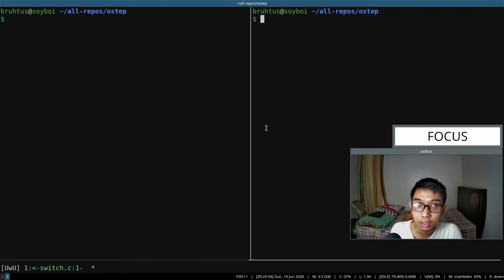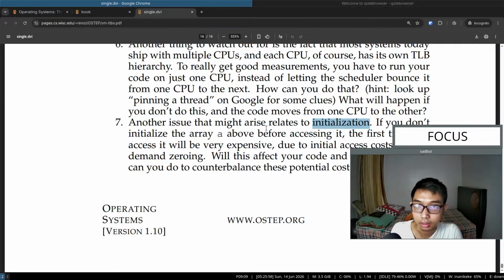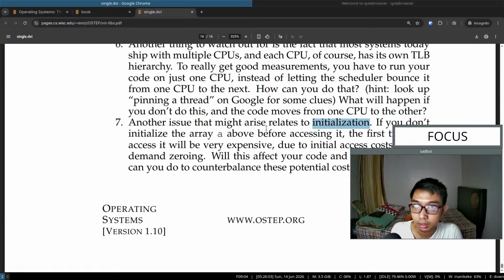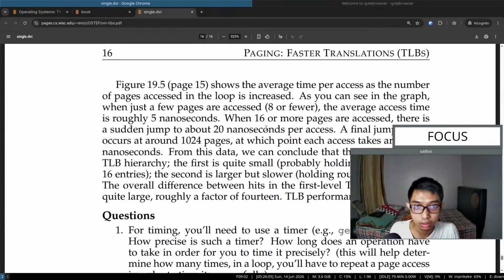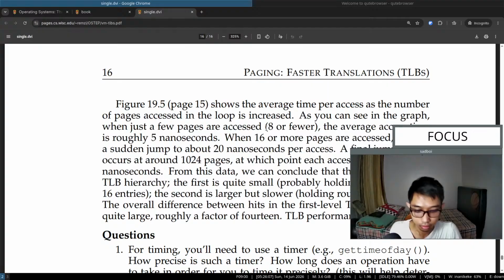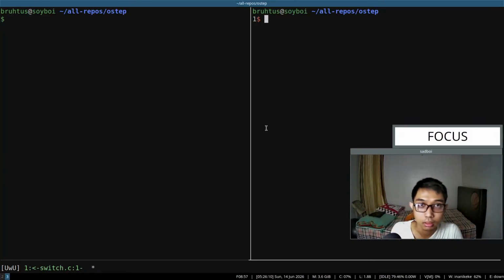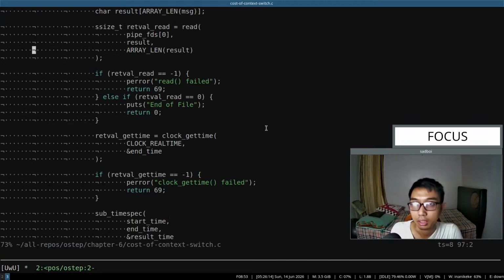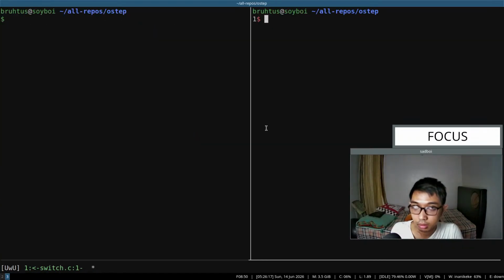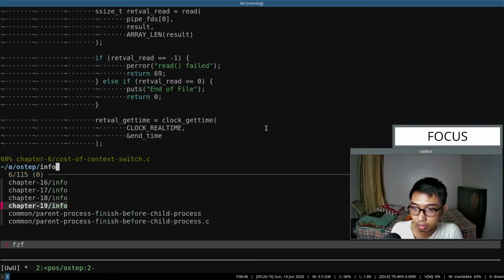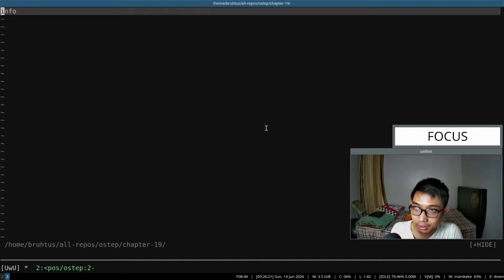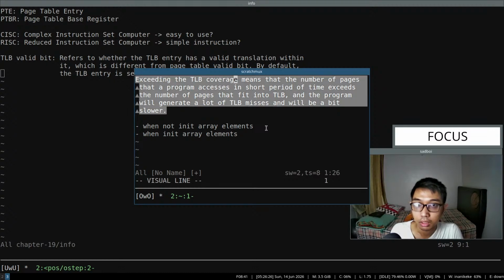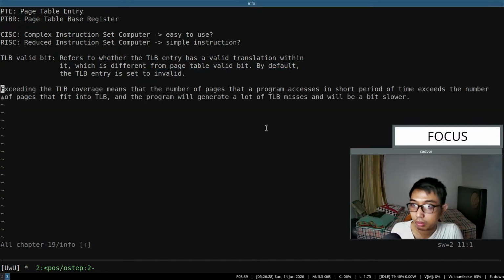Let me create the directory first. This one is chapter 19. Oh, they exist. Okay, right, I already have this info. Let me copy this here too.